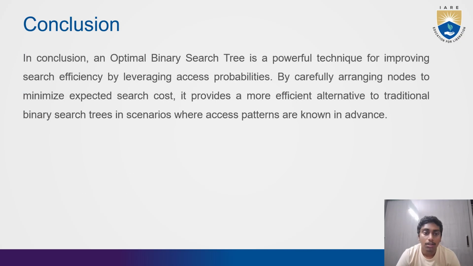In conclusion, an optimal binary search tree is a powerful technique for improving search efficiency by leveraging access probabilities by carefully arranging nodes to minimize expected search cost. It provides a more efficient alternative to traditional binary search trees in scenarios where access patterns are known in advance.